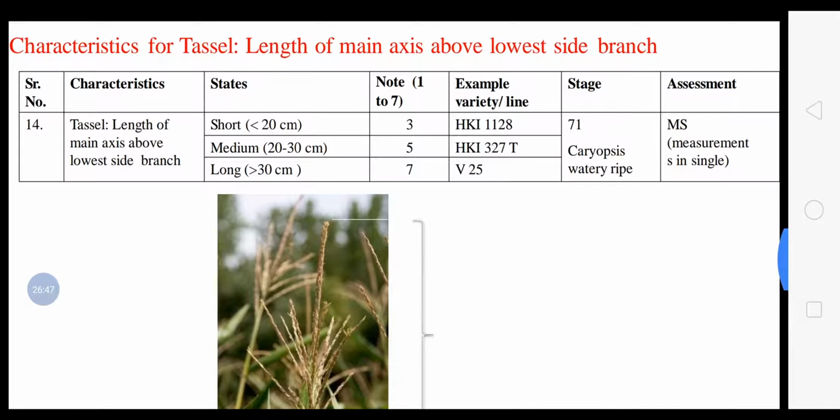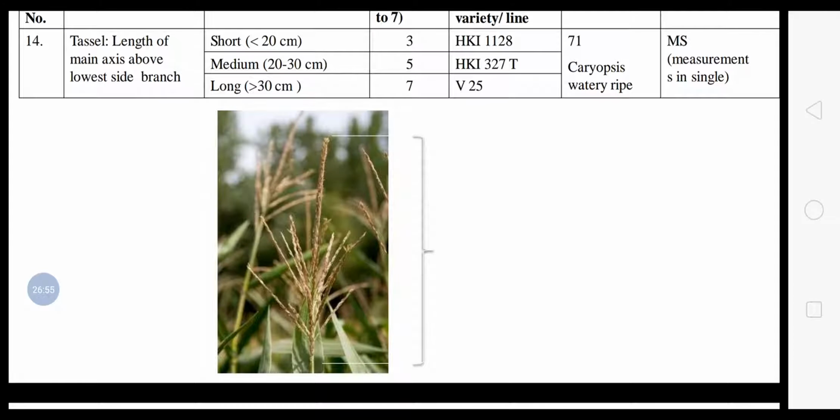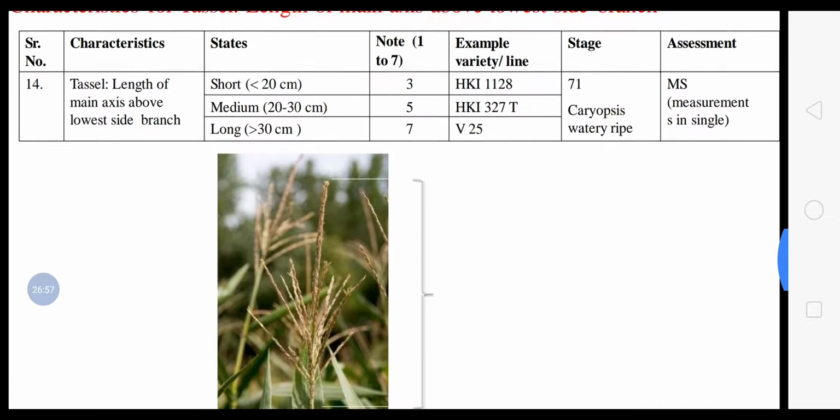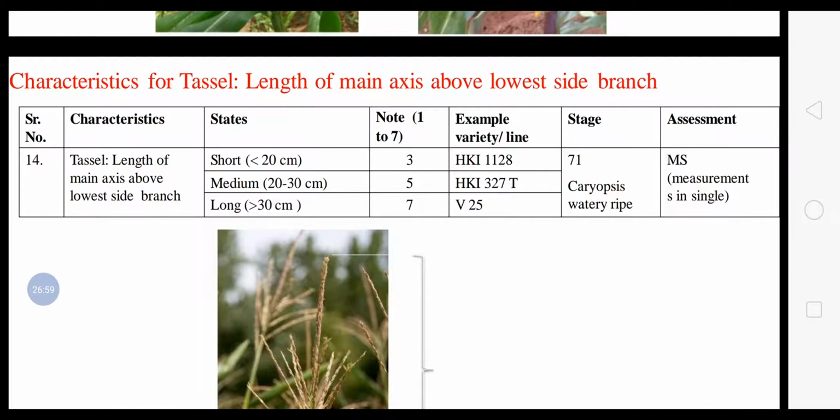The 14th characteristic is length of main axis above lowest side branch. This is the main axis. You can see the long and the middle one is the main axis. Here short, medium and long length is taken.